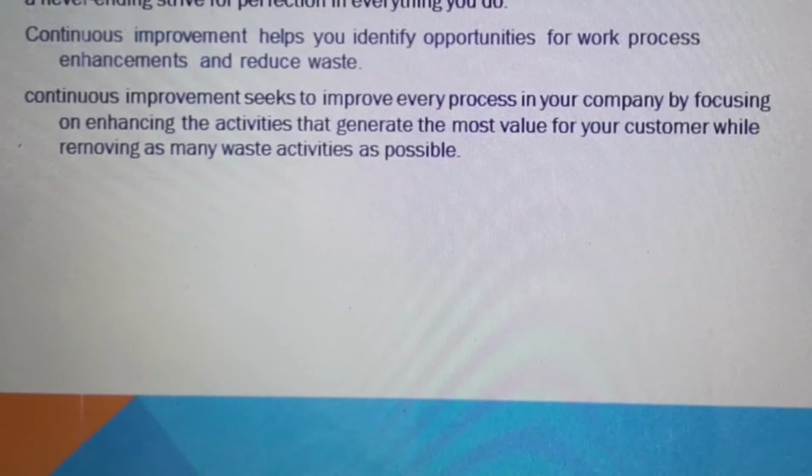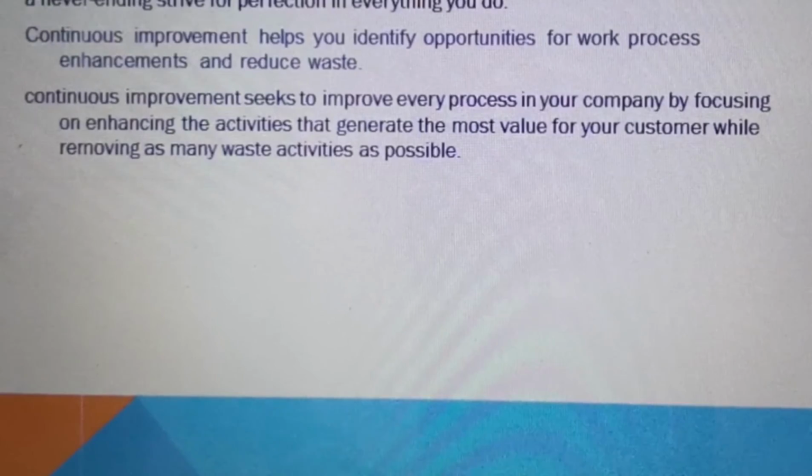Meaning to say that for you to be able to achieve perfection, you need to continuously improve in all phases or in everything that you do. So it helps you identify opportunities for work process enhancements and reducing waste. And it seeks to improve every process in your company by focusing on enhancing the activities that generate most value for your customer while removing as many waste activities as possible.